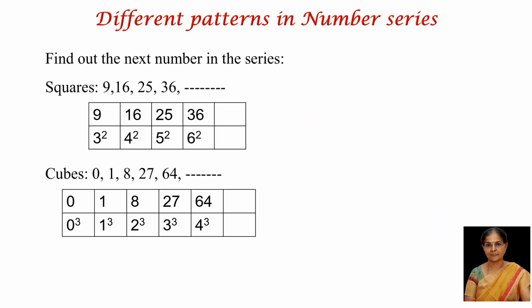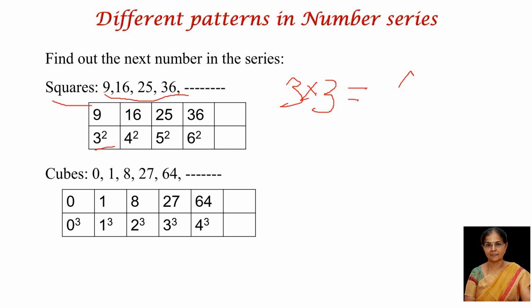See, in these type of questions, you see squares of numbers, not just addition or multiplication or division or subtraction, but you see squares. See the number 9, 16, 25, 36. So by looking at this, you should know they are squares. So 9 is 3 square is 9. What is square? Multiplied by the same number. 3 into 3 is 9.